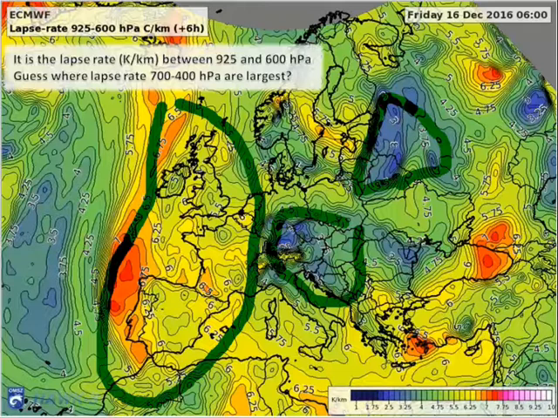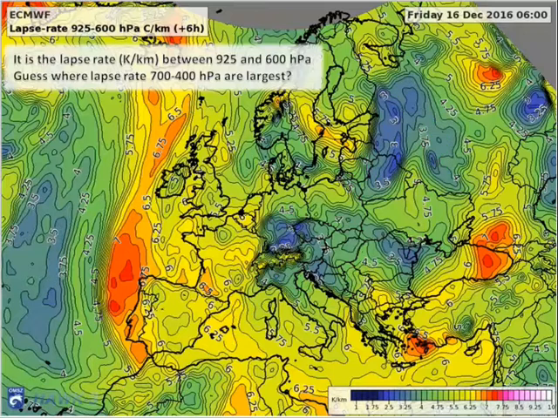Now I will erase these annotations. The question for you is: where do you think you could find the largest lapse rate in the levels above, so rather in the mid and upper levels? What do you think?